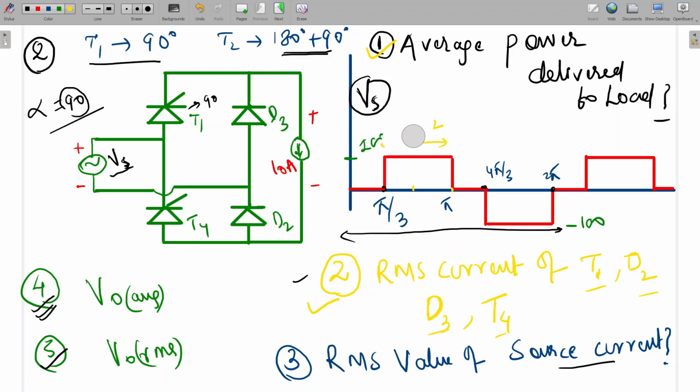See, here I'm not firing this one. It is firing at pi by 2. So from pi by 2, T1 and D2 will start conducting from here to here. Which will conduct? T1 and D2. Again, when this is turned off here till pi, what will happen?